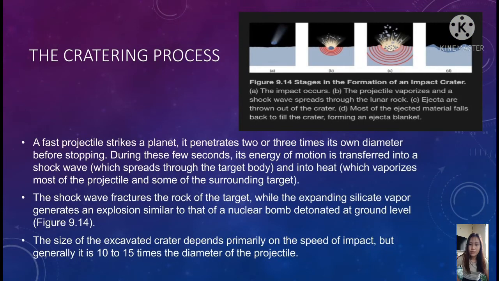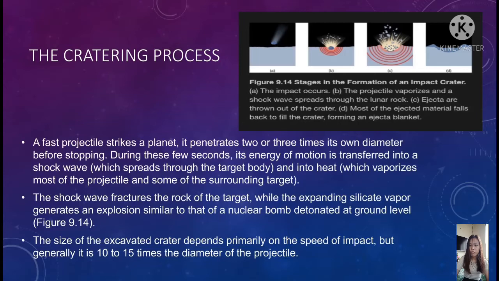The cratering process. Let's consider how an impact at these high speeds produces a crater. When such a fast projectile strikes a planet, it penetrates 2 or 3 times its own diameter before stopping. During these few seconds, its energy of motion is transferred into a shock wave which spreads through the target body and into heat which vaporizes most of the projectile and some of the surrounding target.